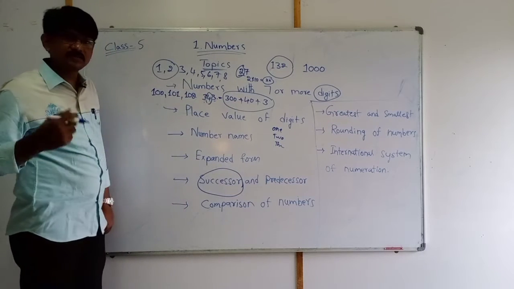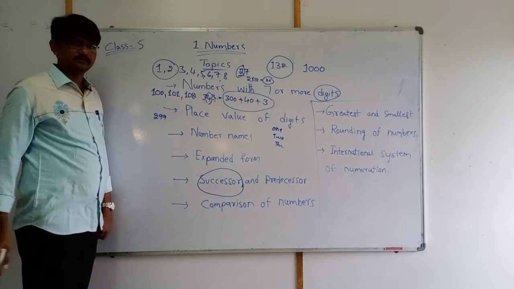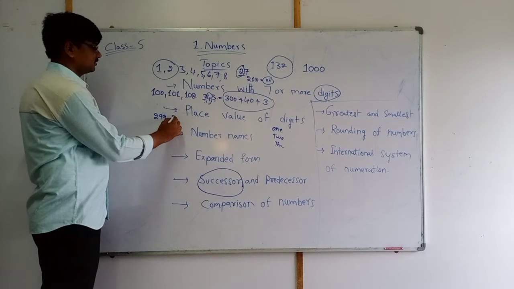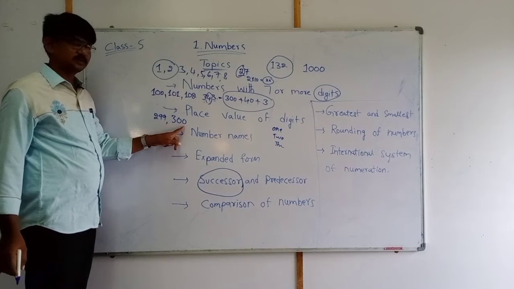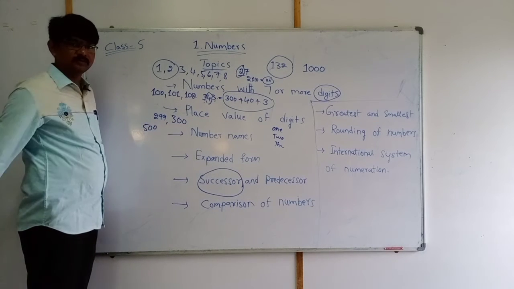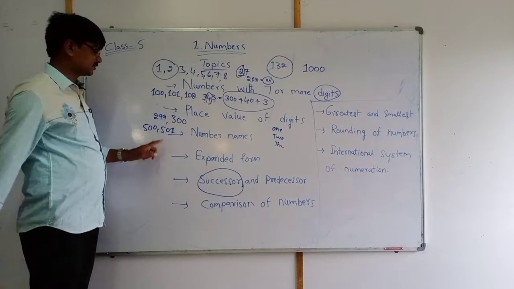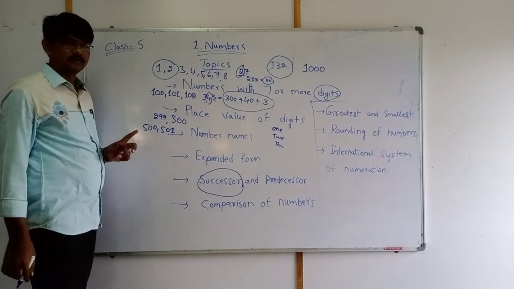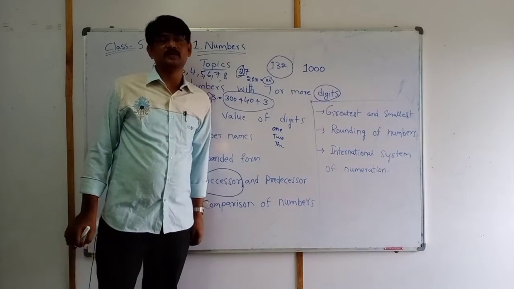Next, what is the successor of 299? 300. Just add one. What is the successor of 500? 501. Okay. Do you remember? Already learnt in your previous class.